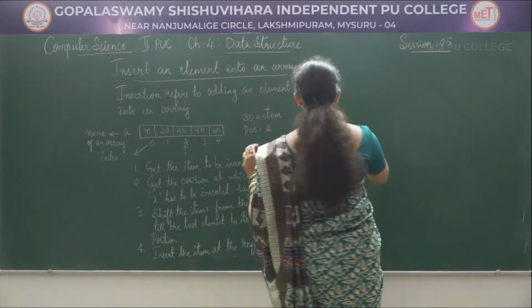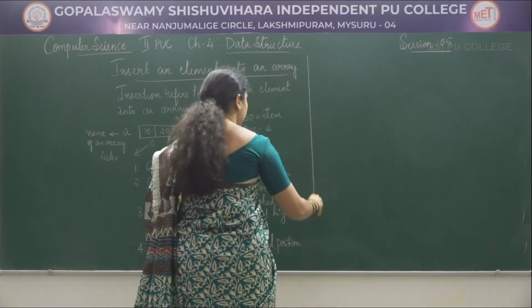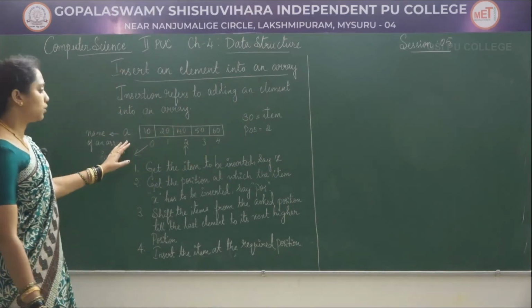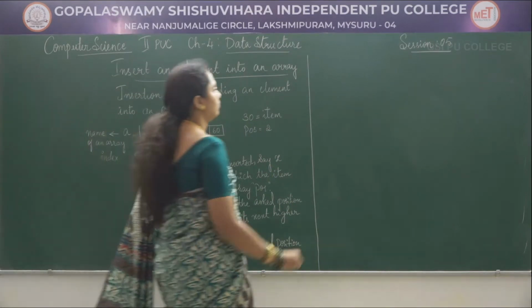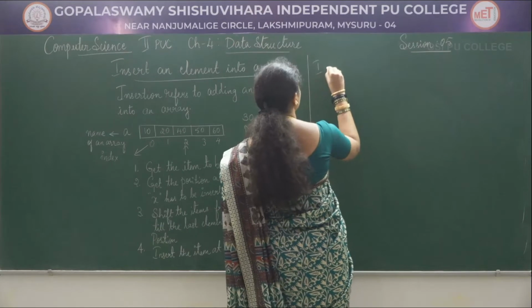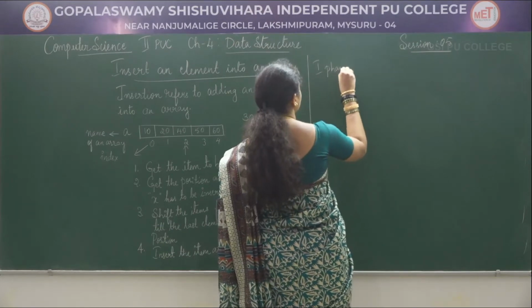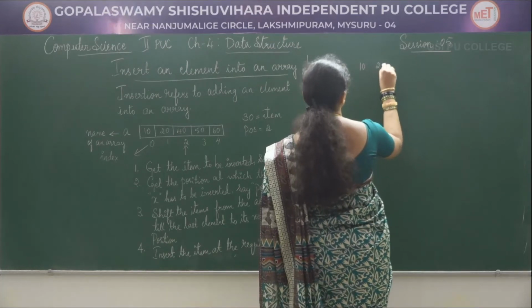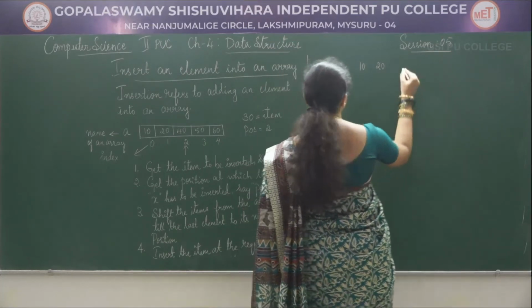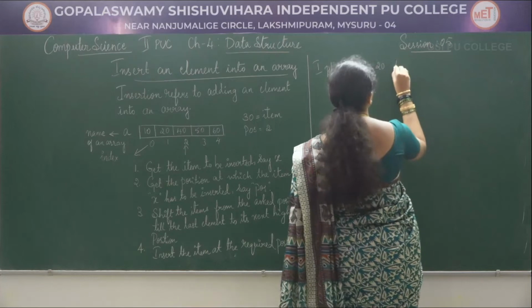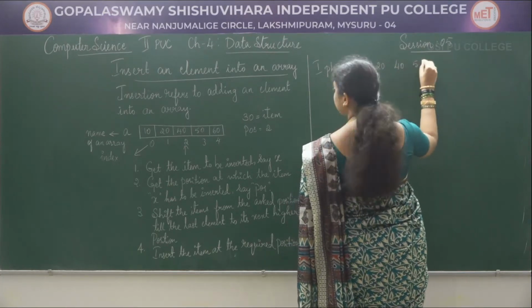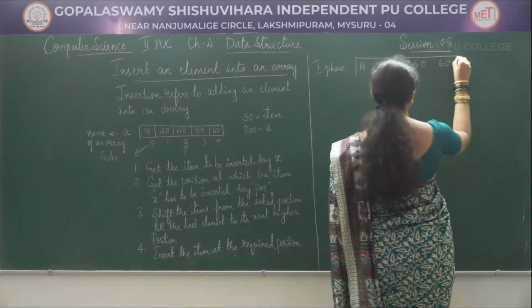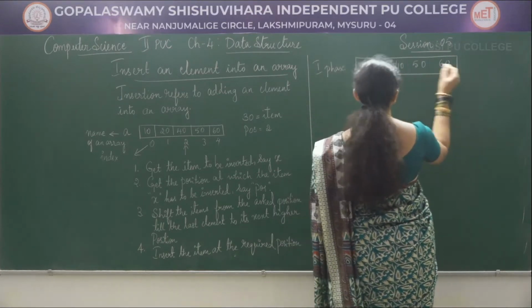So now let's add this item 30 into this array. An array A contains 10, 20, 40, 50 and 60 as its elements.